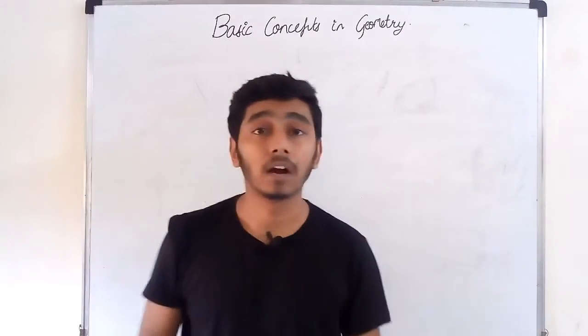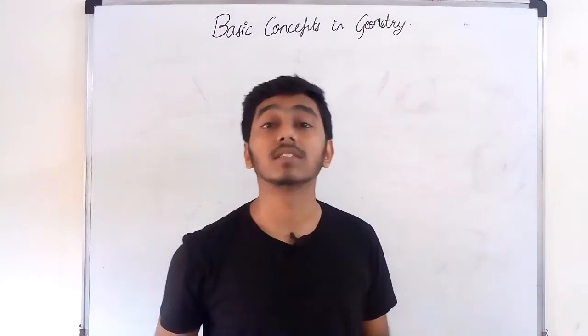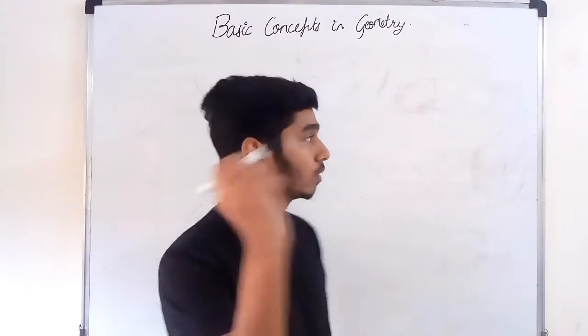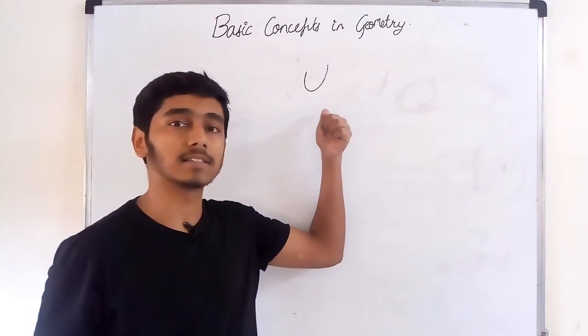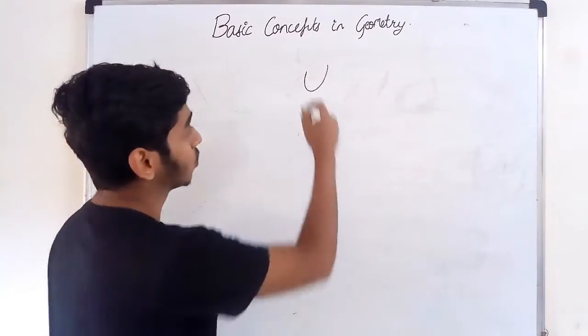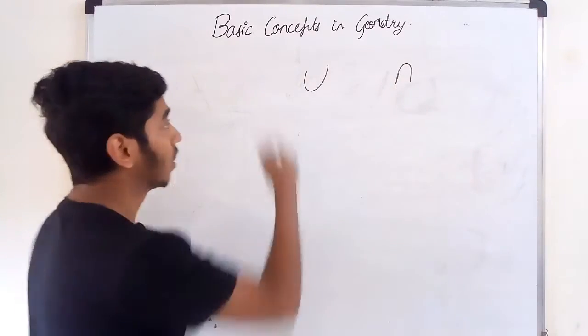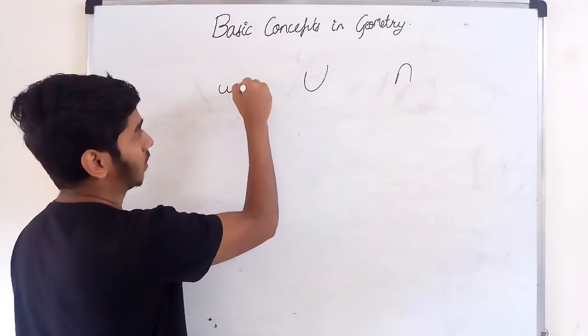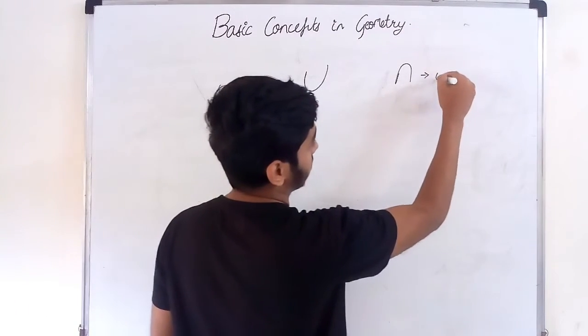Before starting with what is a line or a segment, let us see what is union and intersection. You might have already done this in algebra. This is the sign for union and this is the sign for intersection.